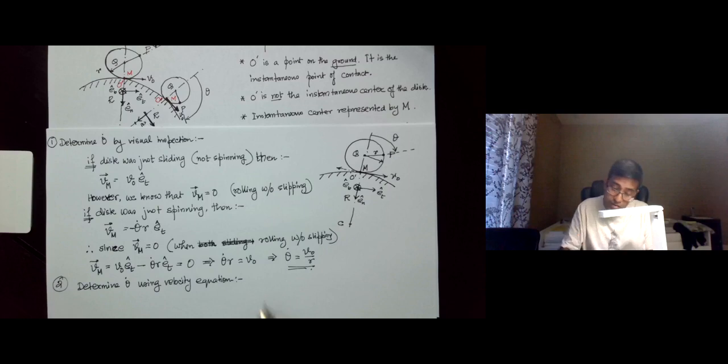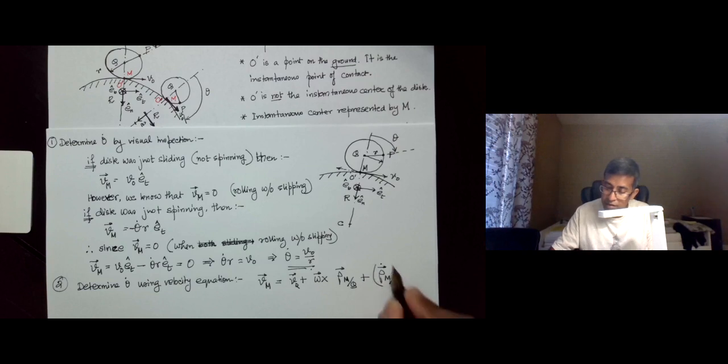And the way to do that is to say that Vm, which is the instantaneous center, is equal to Vq plus omega cross rho m with respect to q plus rho dot m with respect to q in the rotating frame.